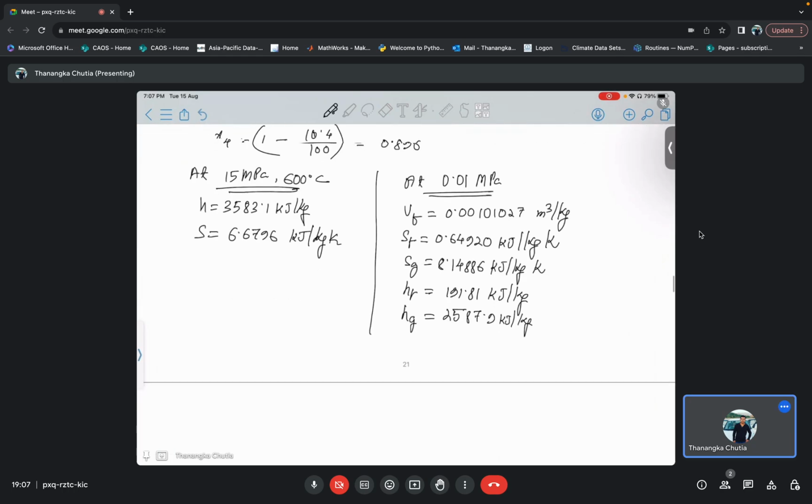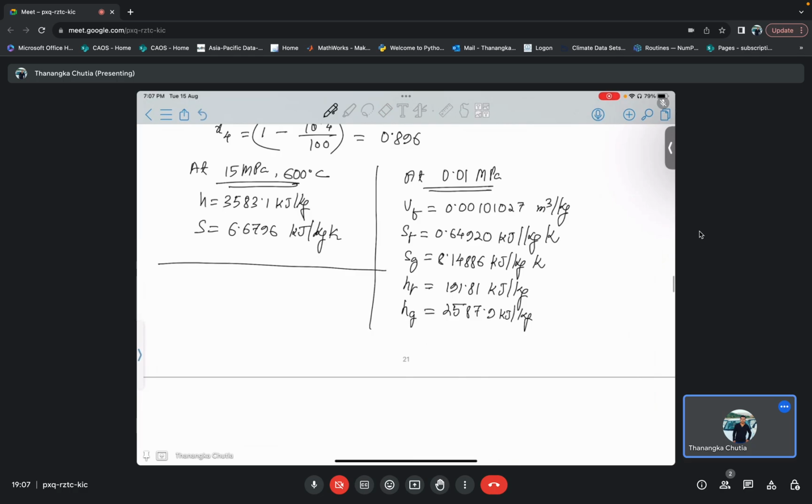So now what we can write is this: H1 is nothing but H at 15 megapascal and 600 degrees Celsius, which is nothing but 3583.1 kilojoule per kg.